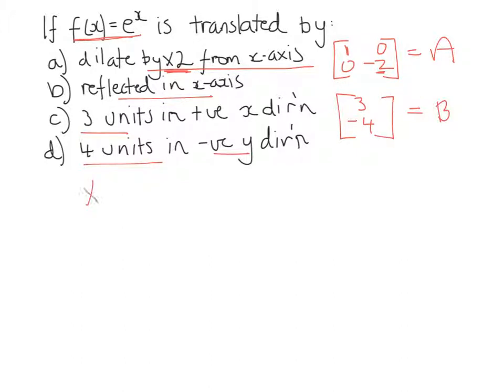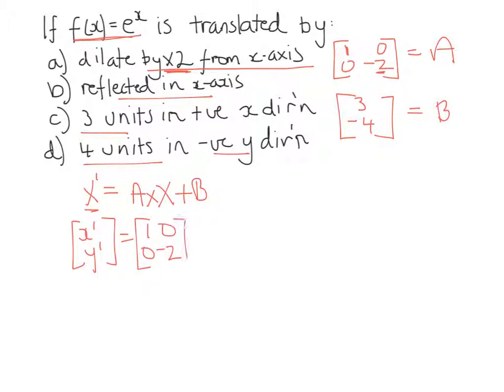So we could have the equation, so the new values of x will be a times the old values of x plus b. So here are the new values of x and y, and here are the old values of x and y, subjected to the changes that we've got here and here and here and here.